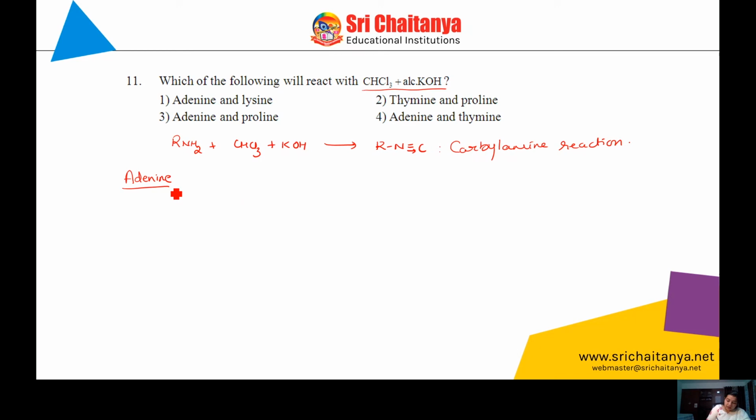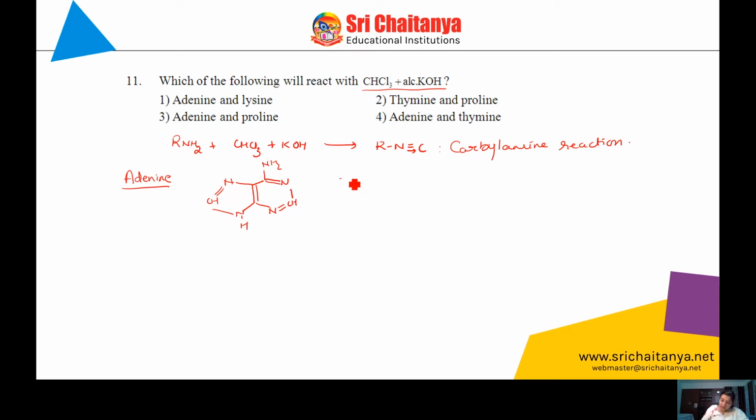Now, if I draw adenine, it has NH2. You will get all these structures directly from NCERT and it will be of help to you. Correct? Here there is a double bond. So this is our structure of adenine.